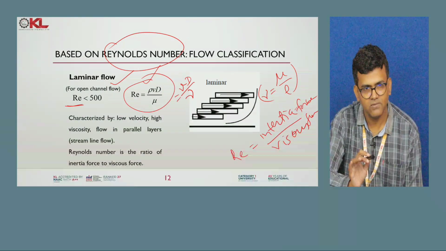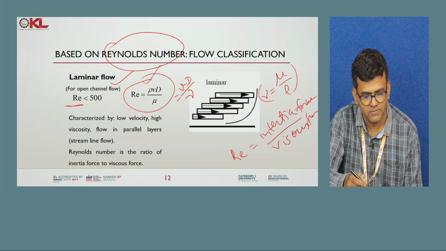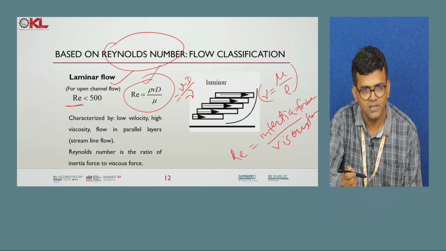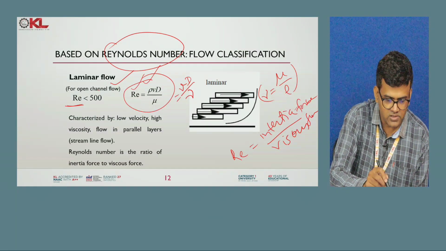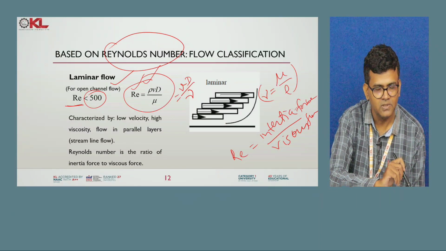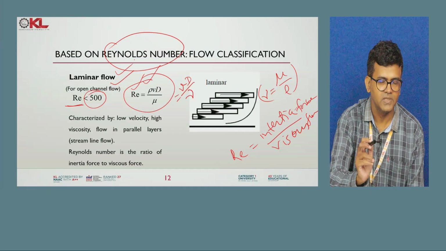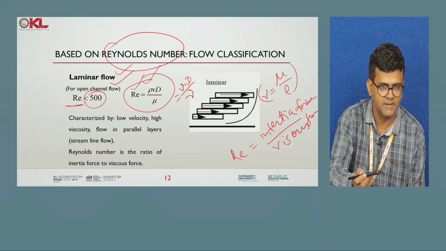So if you know a few properties of the fluid like the viscosity, density, and the dimension of the channel or pipe, you can compute the Reynolds number. If the Reynolds number is less than 500 in case of open channel flow, it is called the laminar flow. In case of pipe flow, the Reynolds number should be less than 2000, then it is called the laminar flow.